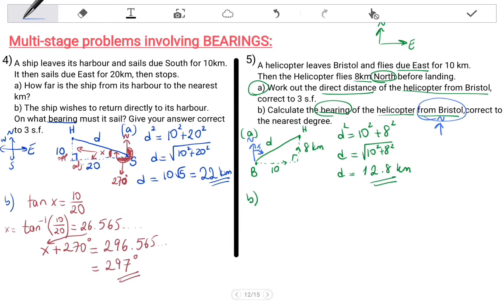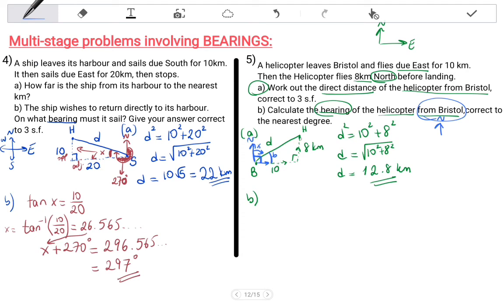So how to get X? Let's think about it. I have a right angle triangle, and this direction is towards east, and this is towards north, and in between I must have 90 degrees. So if I can find the angle within the right angle triangle here, let's say B, and then I'm going to take away this value from 90 to get the value of x, which is wanted.